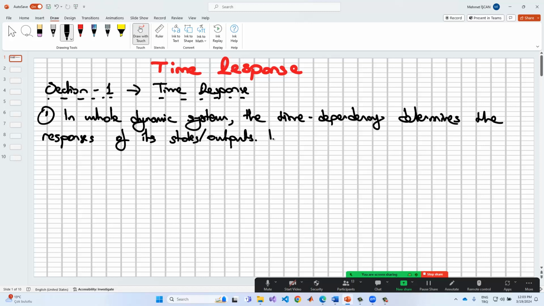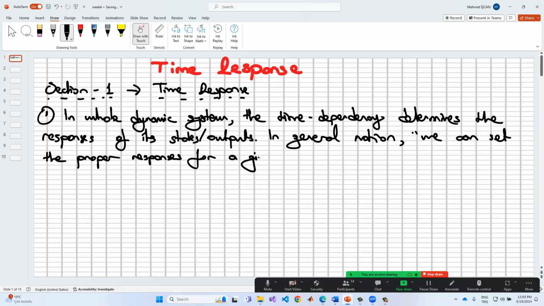Okay, and so in general notion we can set the proper responses for a given system, which we call time response setting.